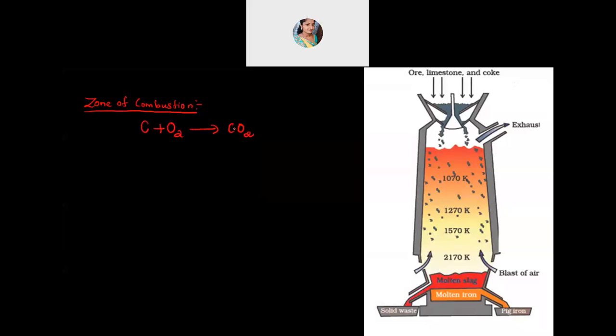This carbon dioxide goes up and reacts with the remaining coke to form carbon monoxide. So coke plus carbon dioxide forms carbon monoxide.